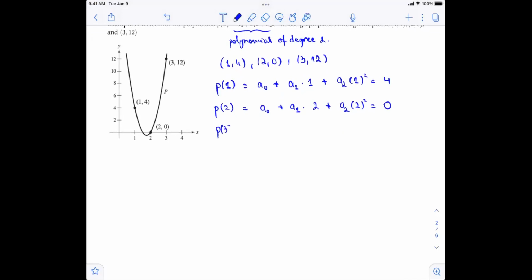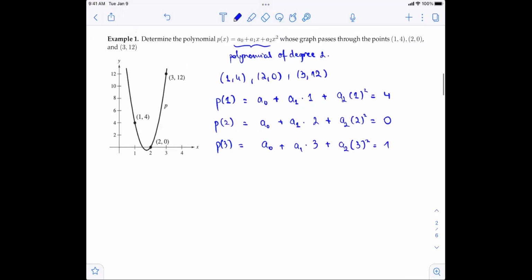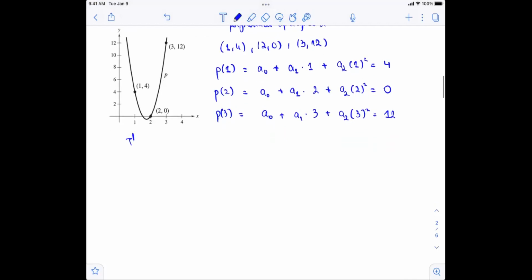And for P of 3, you have a0 plus a1 times 3 plus a2 times 3 squared, and this is equal to 12. Okay, so that's the process. Given 3 points, you want to determine the values of a0, a1, and a2 for the polynomial of degree 2. You set this up and obtain a system of linear equations with 3 variables, a0, a1, and a2, and 3 equations.